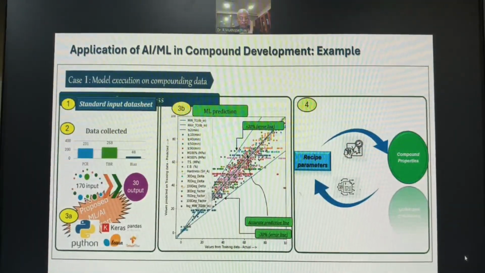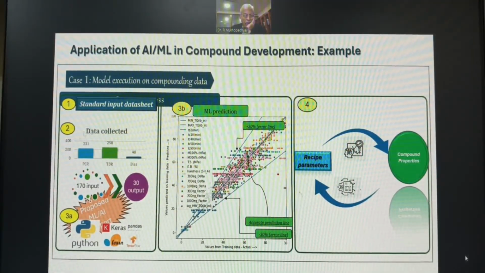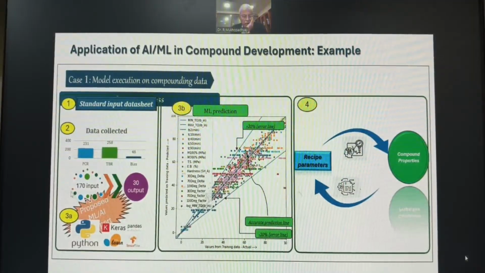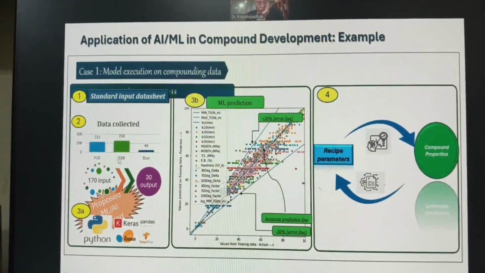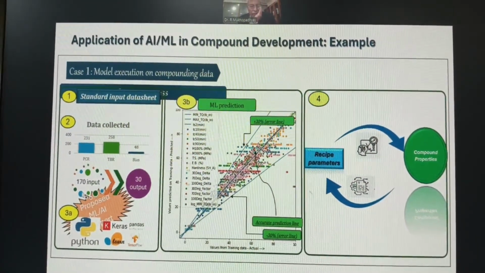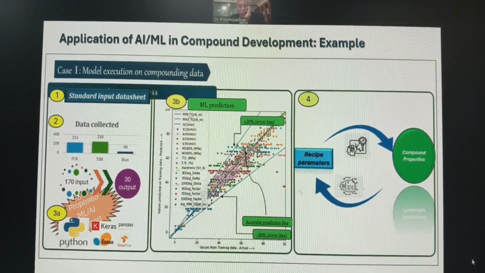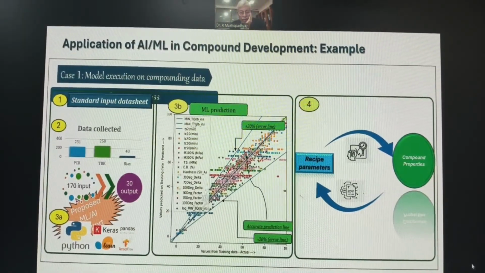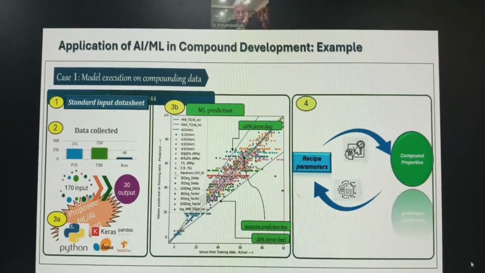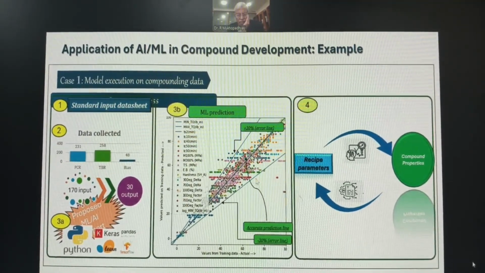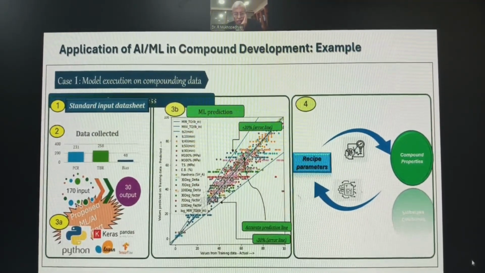Let me be very clear. One small case study here considers the number of data. Let us consider that we have about 170 data points, and we have around 30 parameters. Since the data is limited, the spread is quite high.